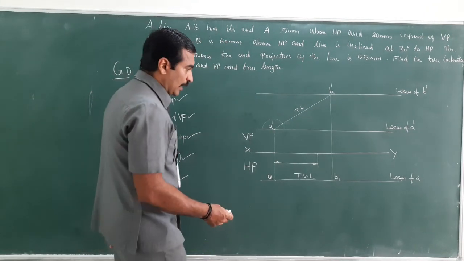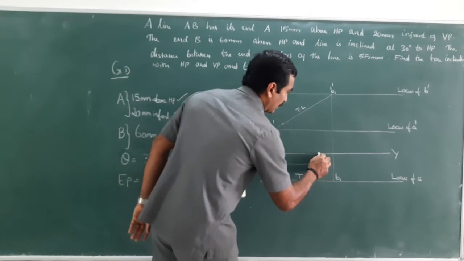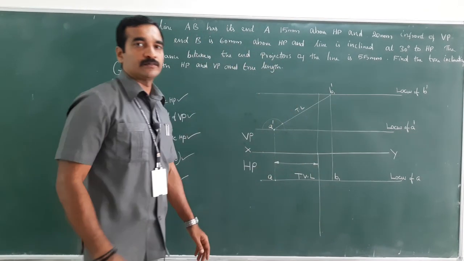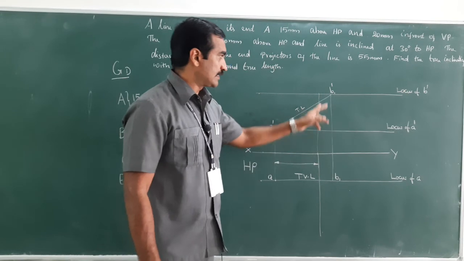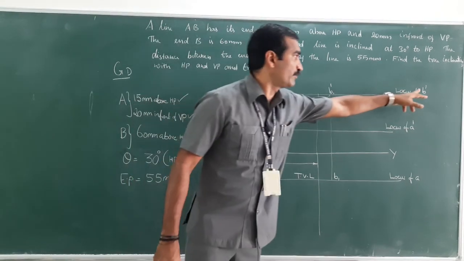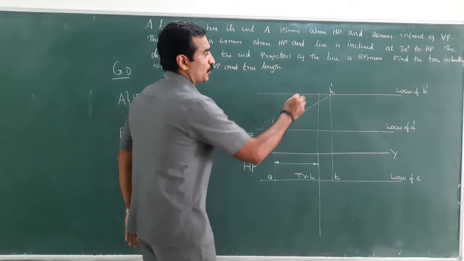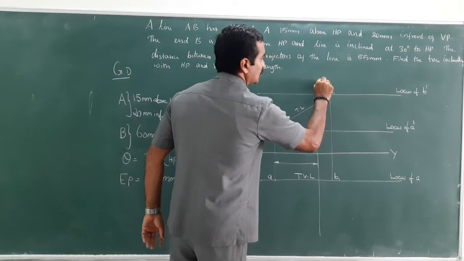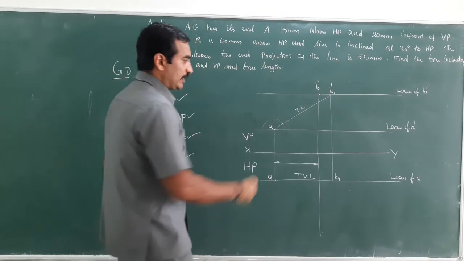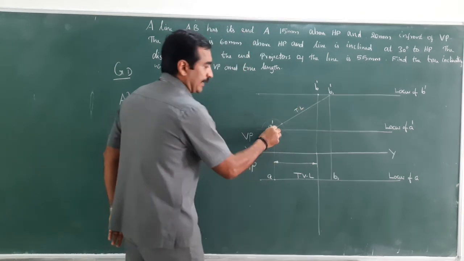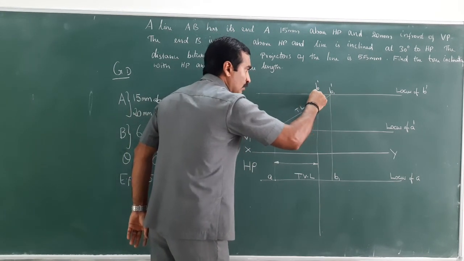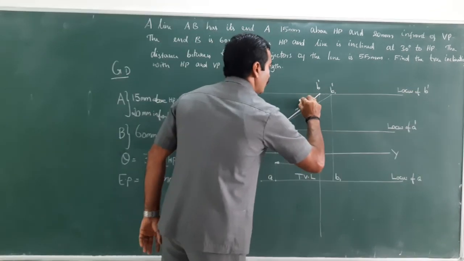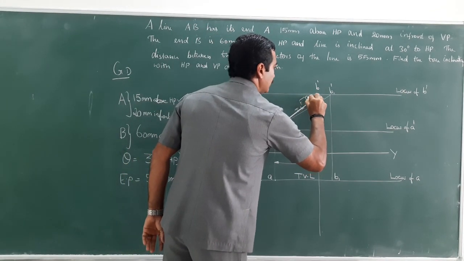So now I need to project vertically upwards, similarly downwards. The line which intersects the locus of B dash, this point is nothing but B dash. So now if I connect A dash and B dash, I will get the final front view.